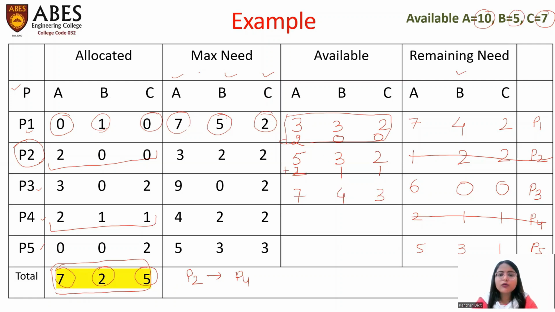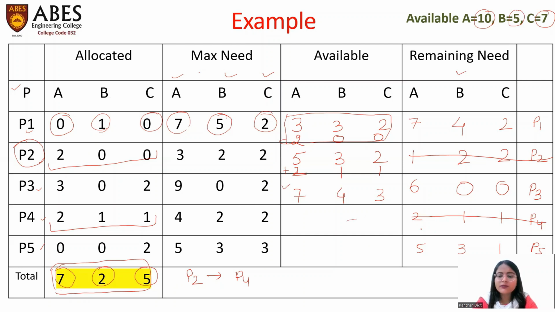If I go for P1, I do have a sufficient amount of the resource for the allocation. For P3 also I have a sufficient amount of the resources, and for P5 I have a sufficient amount of resources. But I need to take only one process.